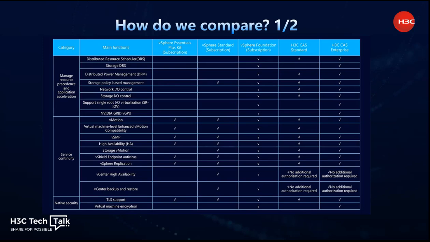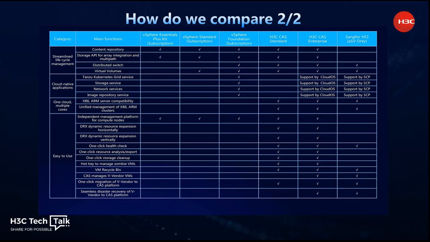Obviously we will share the slides with you. This table and the one on the next page give you an idea of how the products compare with each other. So when you get these slides, you can use them as a reference when you have discussions with your customers, or when you're looking for a solution, to get an idea of how the features and functions actually compare.